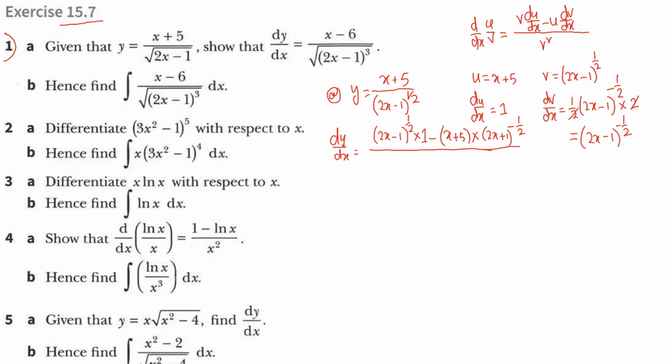There is a square root, so we can write it as 2x minus 1 itself, because the half squared means you can write it without the square. On the top part we need to simplify.